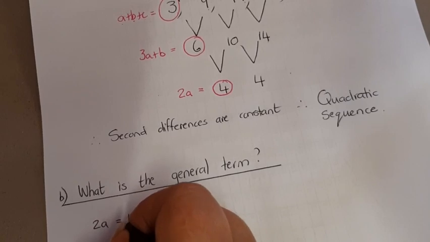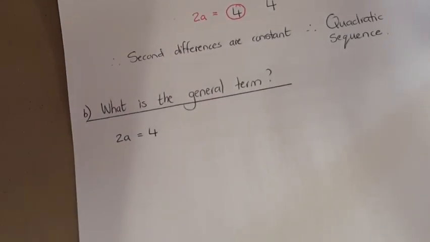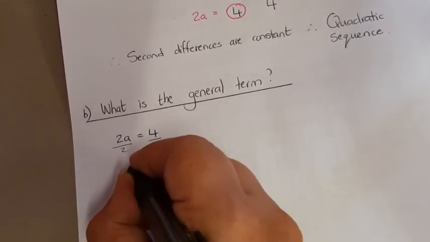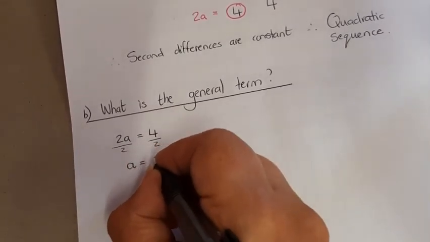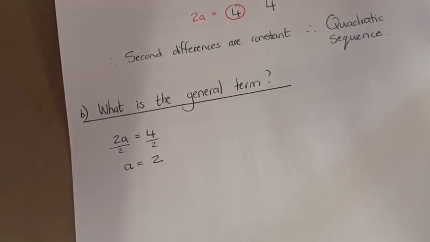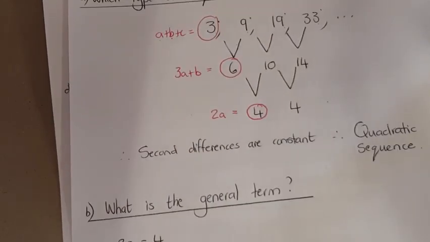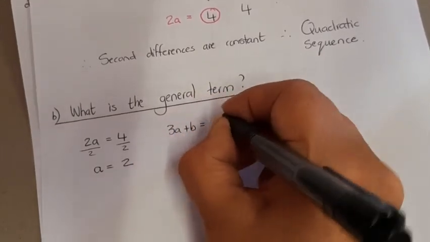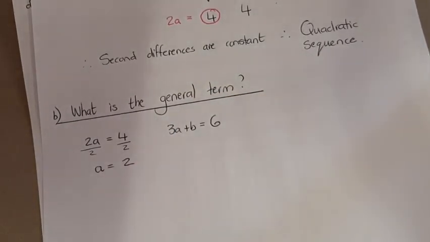2a equals 4. We divide by 2 and we get that a equals 2. Now we're going to use our next formula. 3a plus b equals 6.